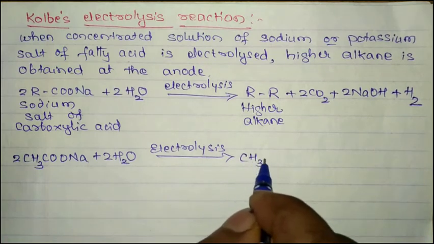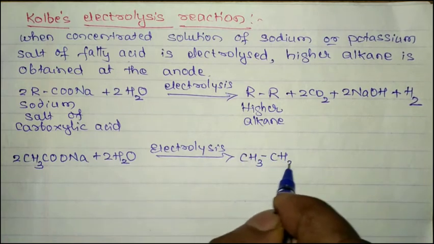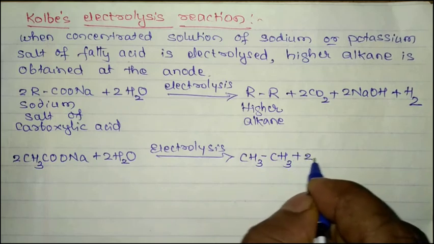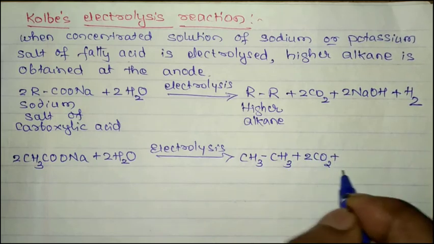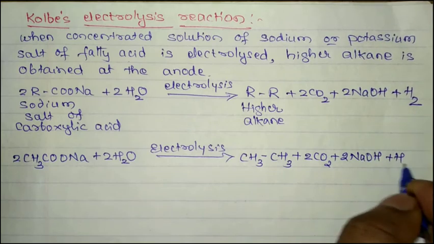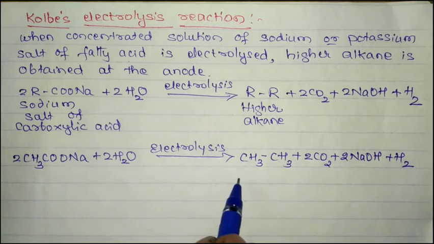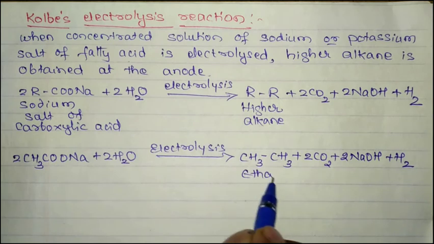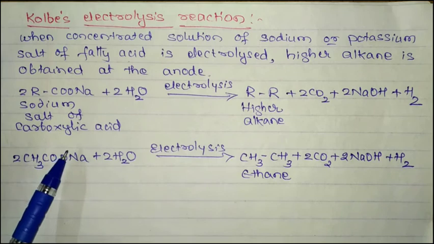You are going to get CH3-CH3 plus 2CO2 plus 2NaOH plus H2. This is ethane. This is an example of the Kolbe electrolysis reaction.